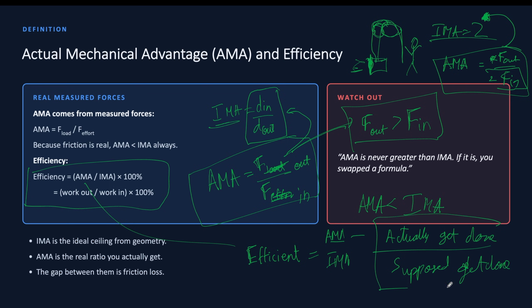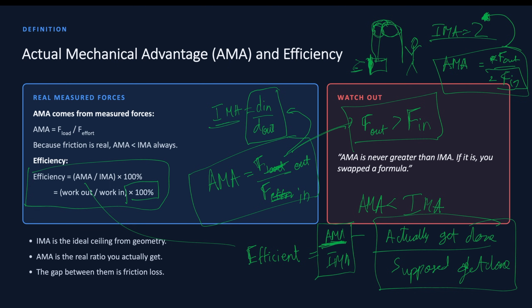So that's how this works, okay? Your efficiency is your AMA over your IMA. This times 100% is just to denote that efficiency is measured in percentage, okay? So you're not going to see efficiency just as a ratio, although you might, but mostly you see it in terms of percentages, okay?